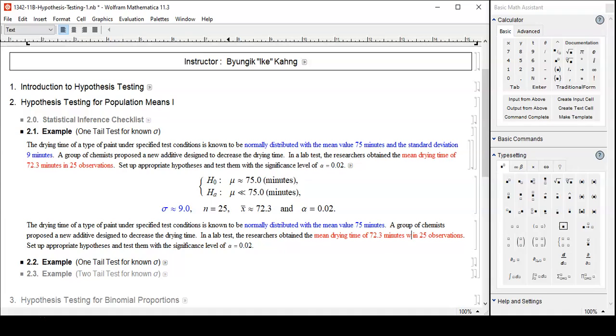Okay, if the problem had been written like this, then this is pointing toward the sample standard deviation.